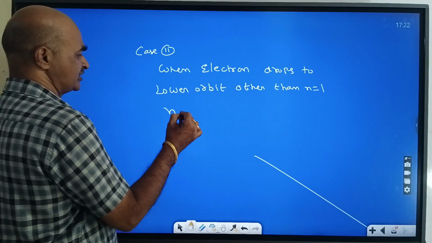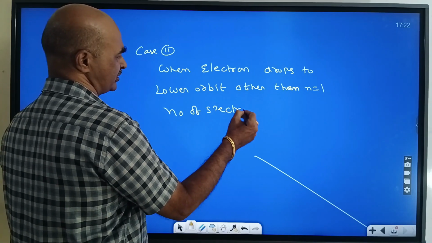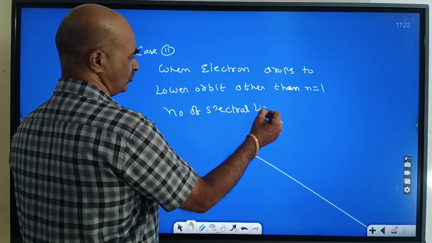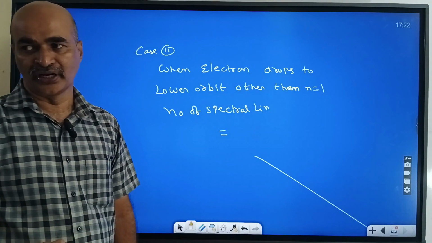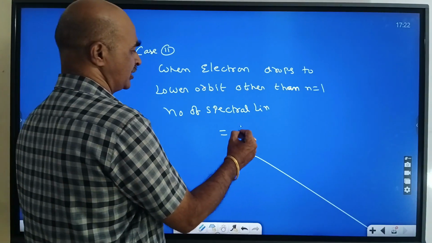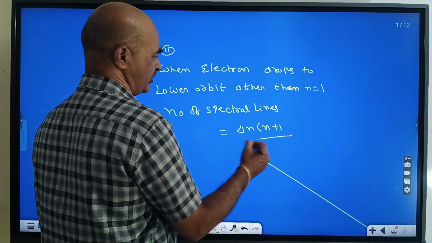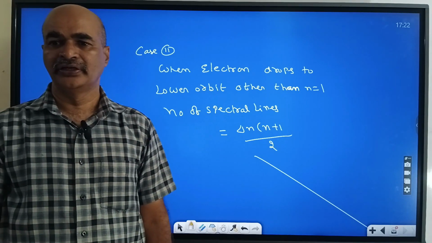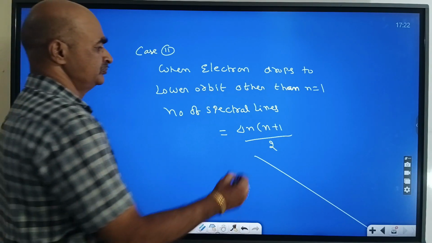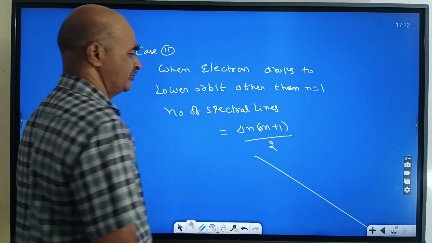the number of spectral lines is equal to delta n into delta n plus 1 divided by 2.